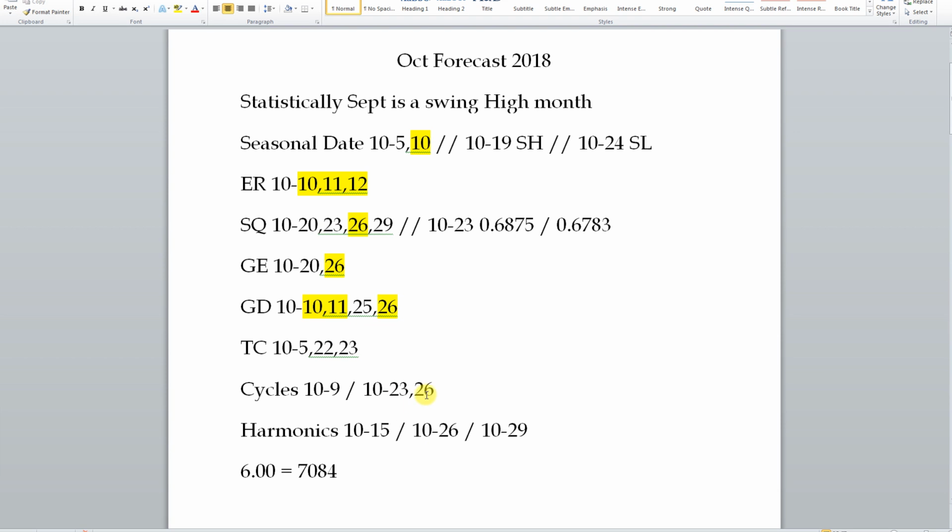So far, the swing low of October is 70.20 or 70.21 on October the 26th. If my analysis is correct, this is the swing low for October for 2018. If I'm wrong, it's going to be taken out and it's going to push lower.